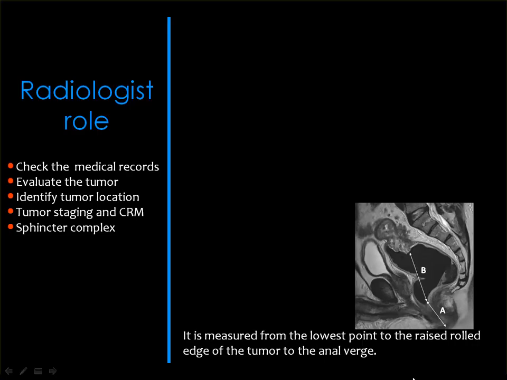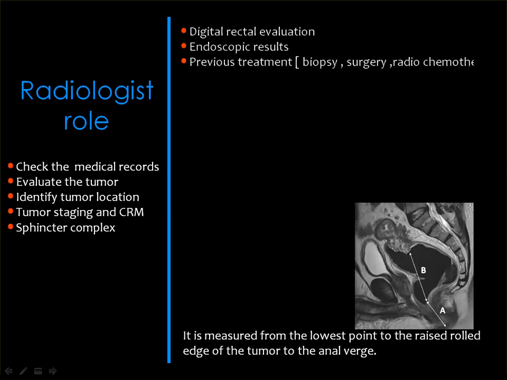Then finally, what is the role of the radiologist in this particular subject? Number one is to check the medical records. He should have an idea about the results of digital rectal evaluation, the results of endoscopic examination, and the results of previous treatment like biopsy, surgery, radiotherapy, or chemotherapy.